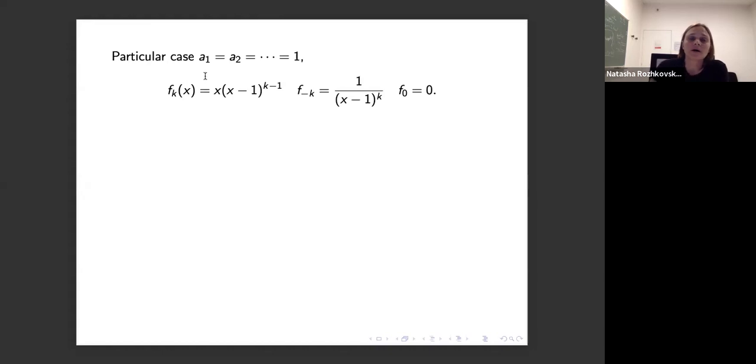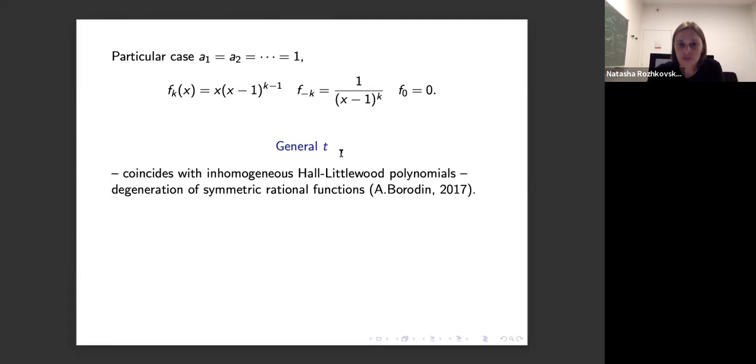Now, if we go a little bit down and consider the sequence where all a's are the same, it is just going to be a shifted power of x-1 to the power k-1. And for general T, these polynomials that we got, we can also find in the literature. For example, there is an important paper by Alexei Borodin on symmetric rational functions.